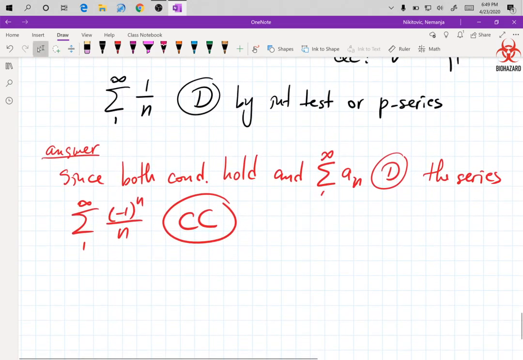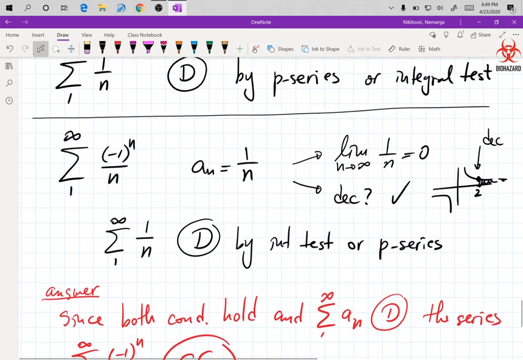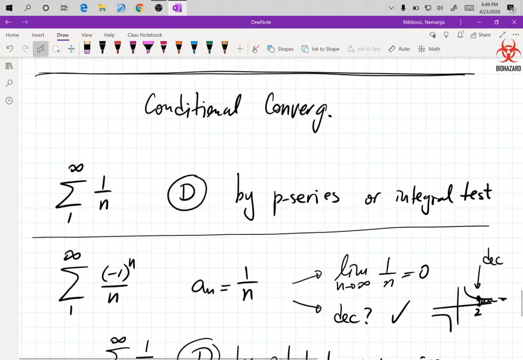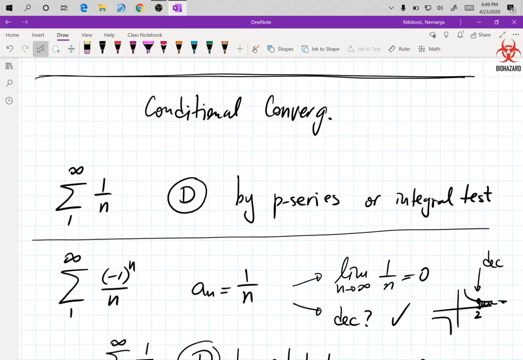So that's it. We have beaten this one to death. The next section, 10.7, contains the last two tests, the ratio and the root. I'm going to do the root first and then the ratio.